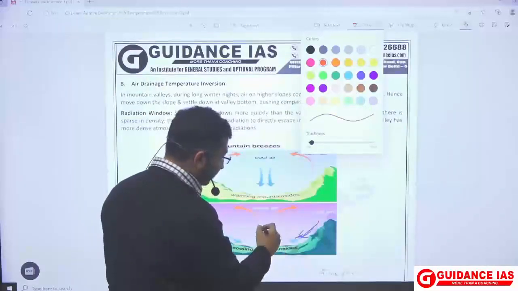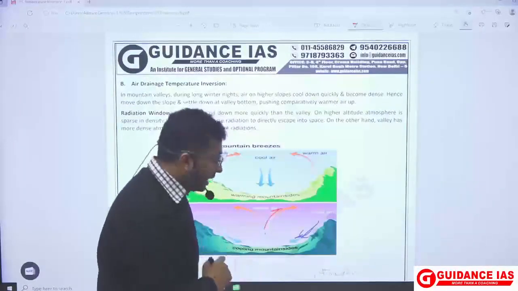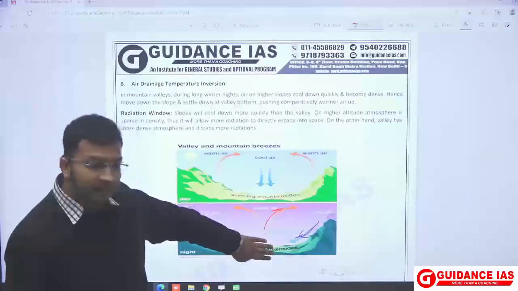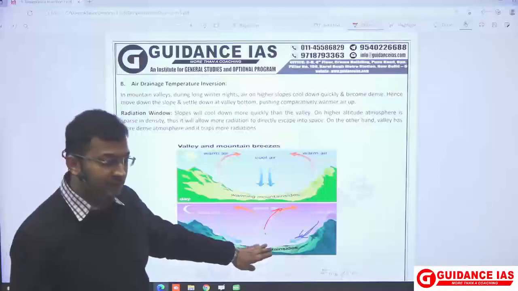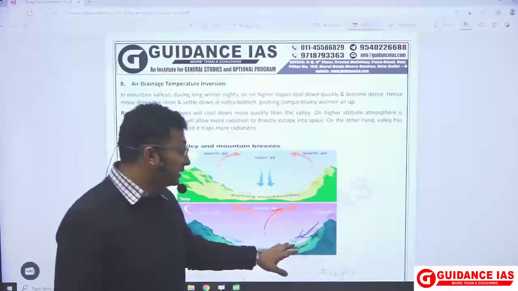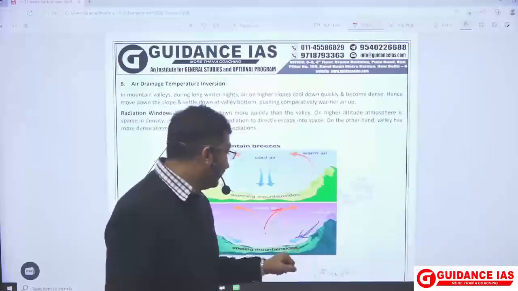This cold air pushes the warm air above, and as a result temperature inversion is observed in the mountain valley region. Okay, now how this occurs, let's understand in detail.